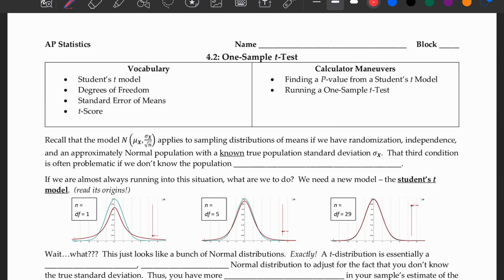Recall that we can use the normal model to approximate sampling distributions of means or proportions, as our last video noticed, and that's totally fine as long as we check off those conditions of randomization, independence, and having either an approximately normal population or a big enough sample size. But we also actually need to know the true population's standard deviation.